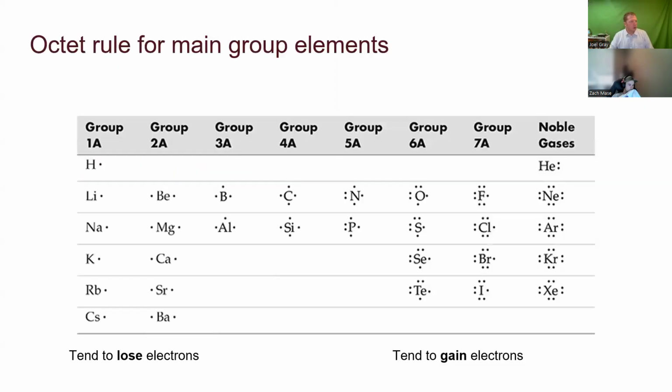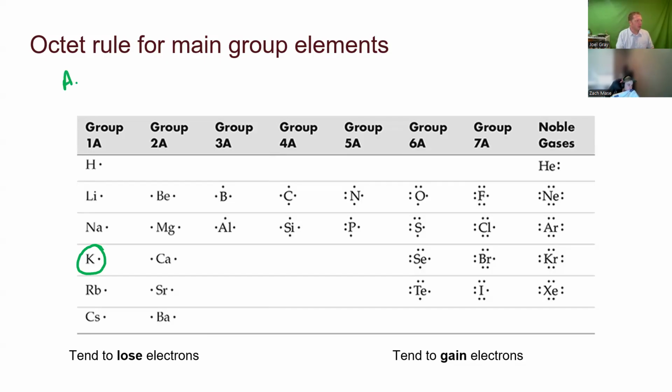Now, what I want you to think about here is let's look at potassium. Potassium's a group 1 metal. Now, as a group 1 atom, I'll present it as 2 different options.